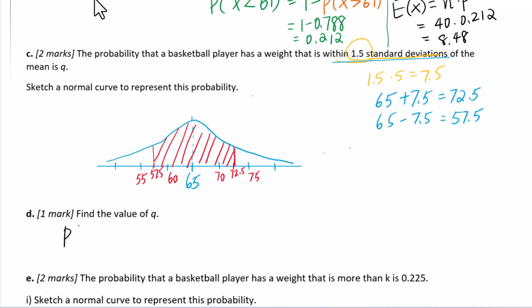D. Find the value of Q. We are given probability of X greater than 57.5, less than 72.5 equals. We will use normal CDF.